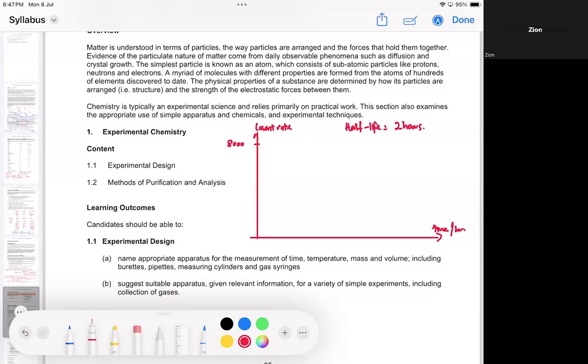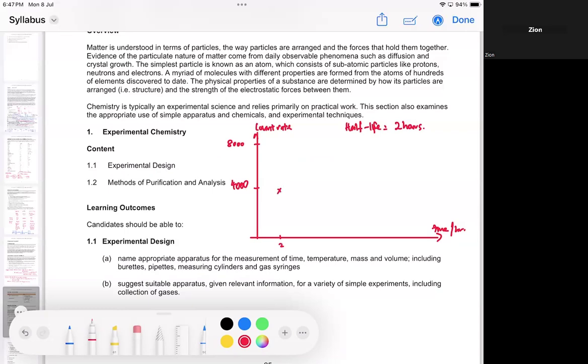The amount of decay measured every minute will have dropped by half. Everything will drop by half in 2 hours. So 8,000 drops to 4,000 when 2 hours pass.